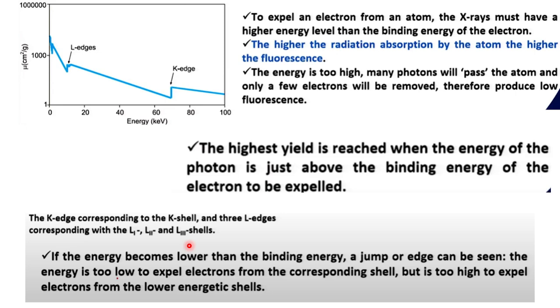So this is just surrounding the nucleus, there is K, L, M. Whenever a K shell electron is ejected out, it is a K edge. If it is from L, then it is an L edge. And if the energy becomes lower than the binding energy, a jump or edge can be seen. The energy is too low to expel the electron from the corresponding shell, but is too high to expel the electron from the lower energetic shell.